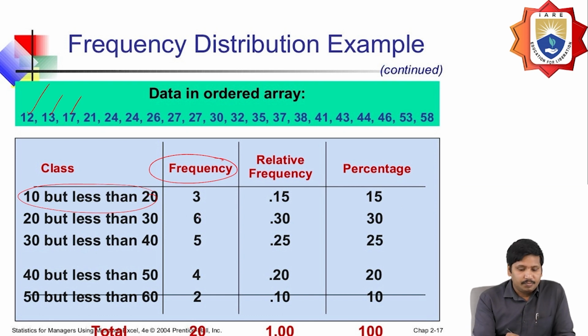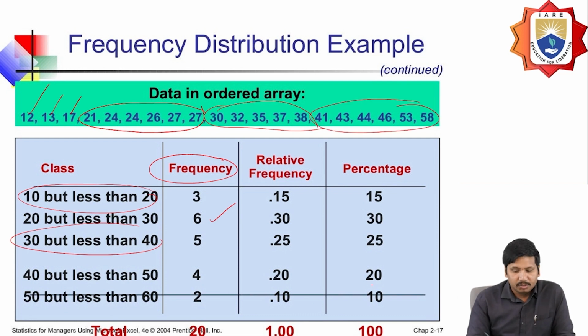Then between 20 and 30, the number of frequencies will be 6, and between 30 and 40 it should be 5, between 40 and 50 it should be 4, and the last one should be 2.